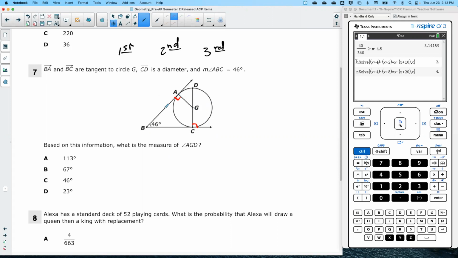Do you remember that this tangent would be equal to this tangent? Those would be equal. Look on your formula chart, the one that has an angle outside the circle.